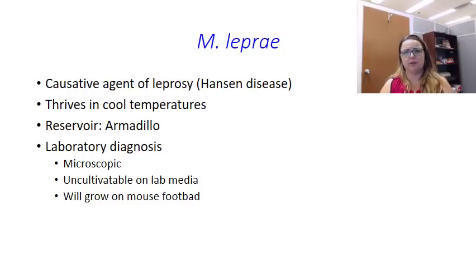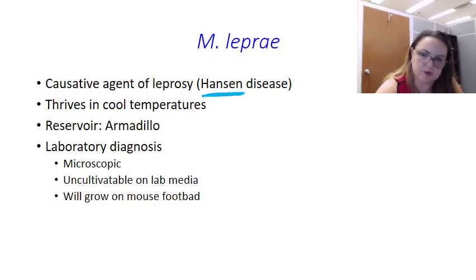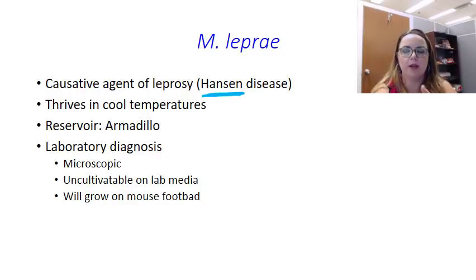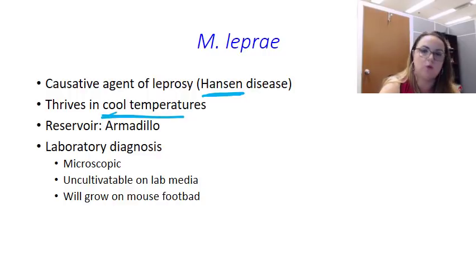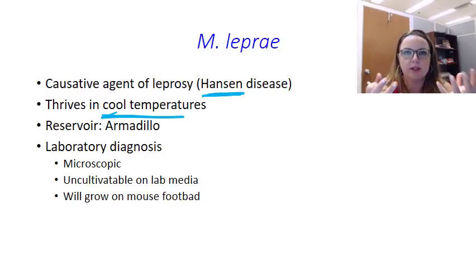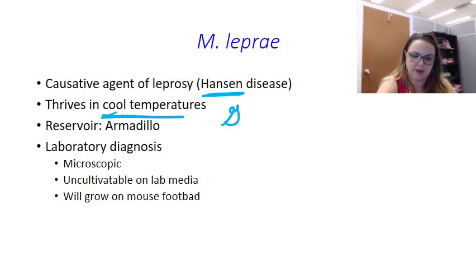M. leprae is literally the stuff of biblical nightmares. Basically, we're talking about leprosy. It's also sometimes referred to as Hansen's disease. The things you need to know about M. leprae: 1, it thrives in really cool temperatures, which is important to note because it explains the predilection of M. leprae for extremities. So your Step 1 book will refer to this as the glove and stocking presentation.